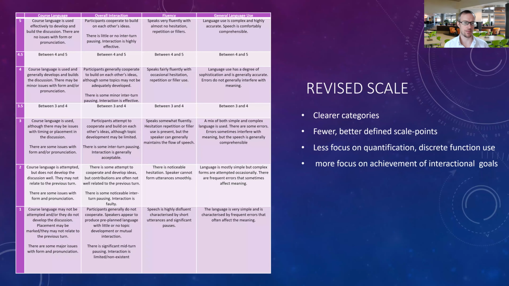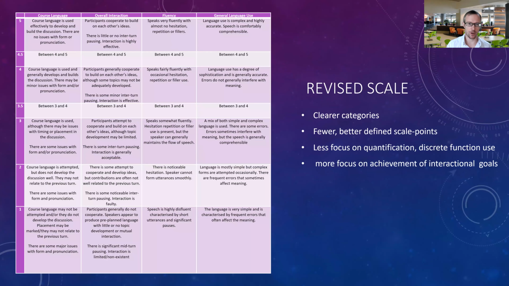Of course, there's not time to go through every single one of these items, but do take a look if you're interested. It's still a work in progress, and our next stage is to run some more tests and have people rate some more speaking tests using this rubric, then do another Rasch analysis, get some more feedback, and see what people say.